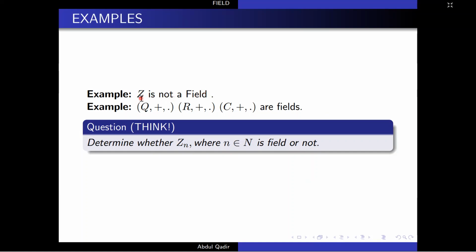That is, there is no integer except one which has a multiplicative inverse, because 2 has multiplicative inverse 1 over 2, which is not in Z. 3 has multiplicative inverse 1 over 3, which does not belong to Z. So as we see that multiplicative inverse of elements of Z does not exist in Z, Z is not a field. And the other examples are set of rational numbers and set of real numbers and set of complex numbers are fields.